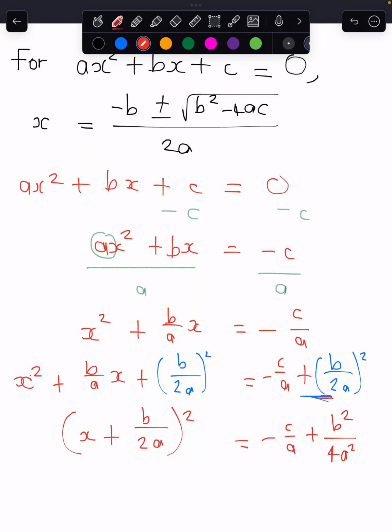Okay, and then I think what I'll do is I'll put this over one denominator. The lowest common denominator is 4a squared. So this will stay as is. This one will need to times the top and the bottom with 4a, right? So that we get 4a squared at the bottom.